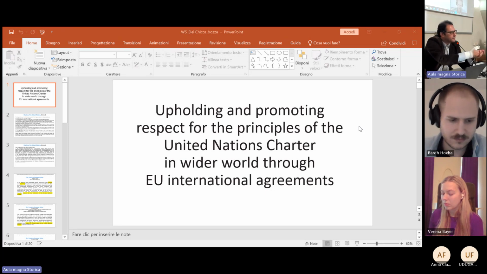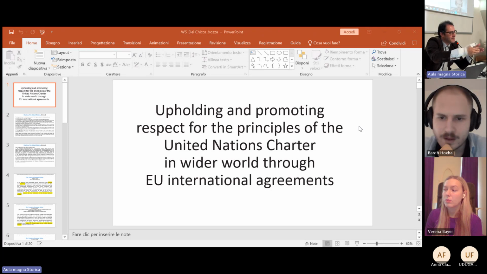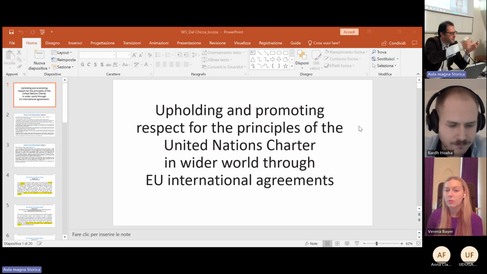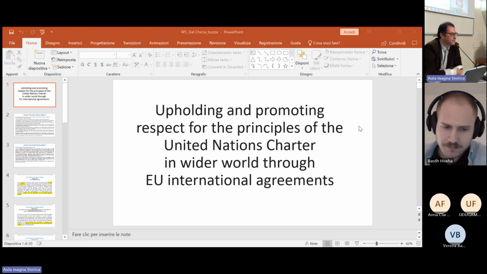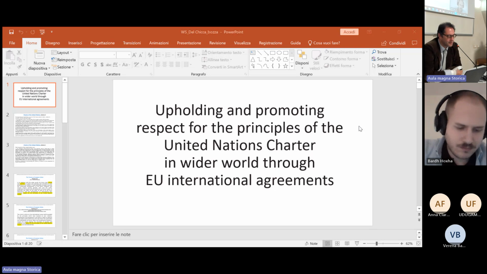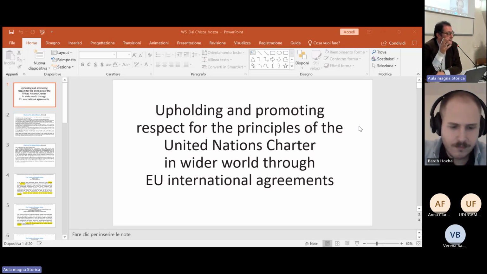Once the text is ready and everyone is willing to sign, the next step is signing the treaty. And then there are the effects of the treaty, which binds mostly the parties of the treaty. There are some treaties that also bind third parties. That's an international agreement, oversimplified.